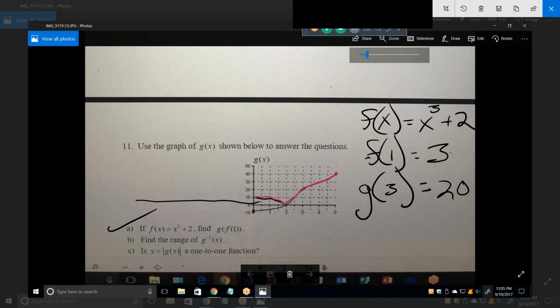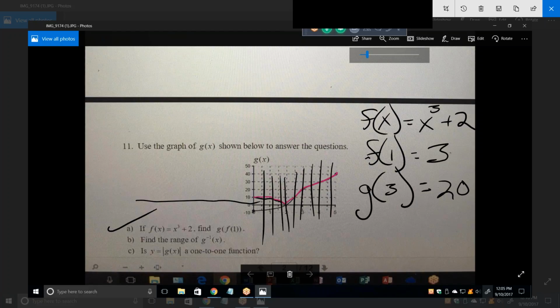Is that one-to-one? And how do you tell? Does it pass the vertical line test? Yes, it does. I can pass a vertical line through there, and no matter what point I pass it through, I only get one value of y.